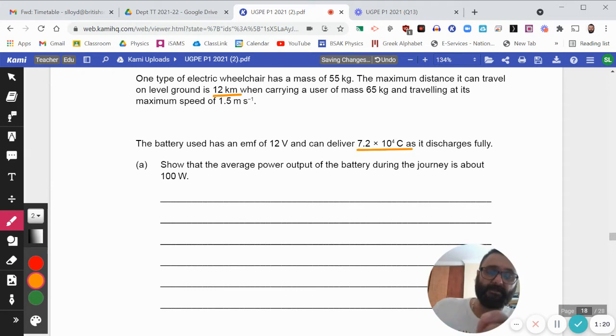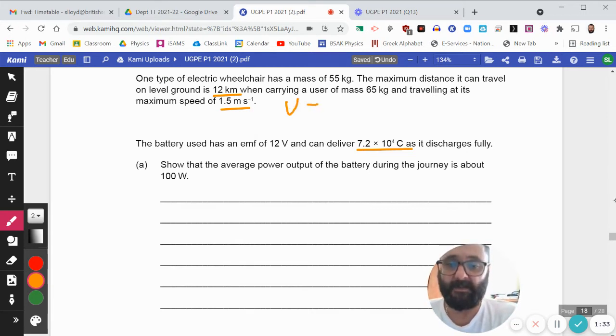If we knew the time, we could work out the current, because we know the voltage, and we can use P equals IV. Well, if it can travel at that speed for 12 km, we can use speed equals distance over time. So time is distance over speed.